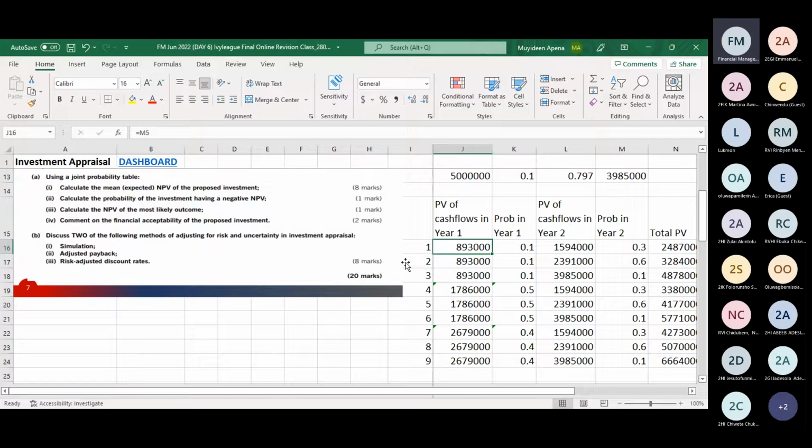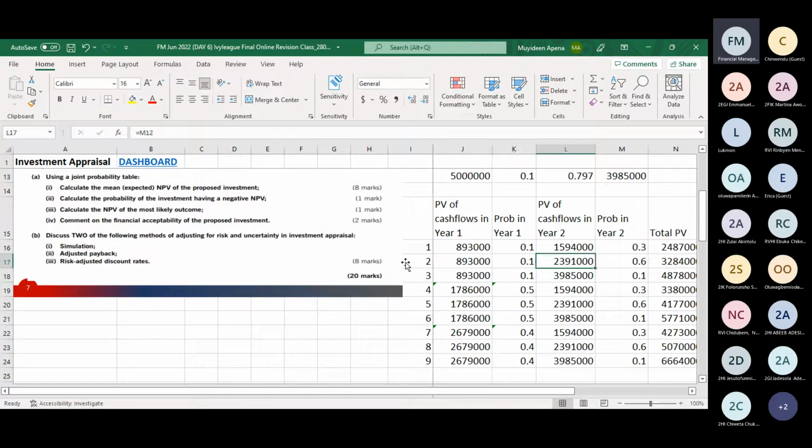First outcome, which is the first scenario here, is that it is likely that the first year value will be $893,000, while the second year value is $1.594 million. That's a first scenario that can happen. So let's say this $893,000 is what happens in year 1 still.